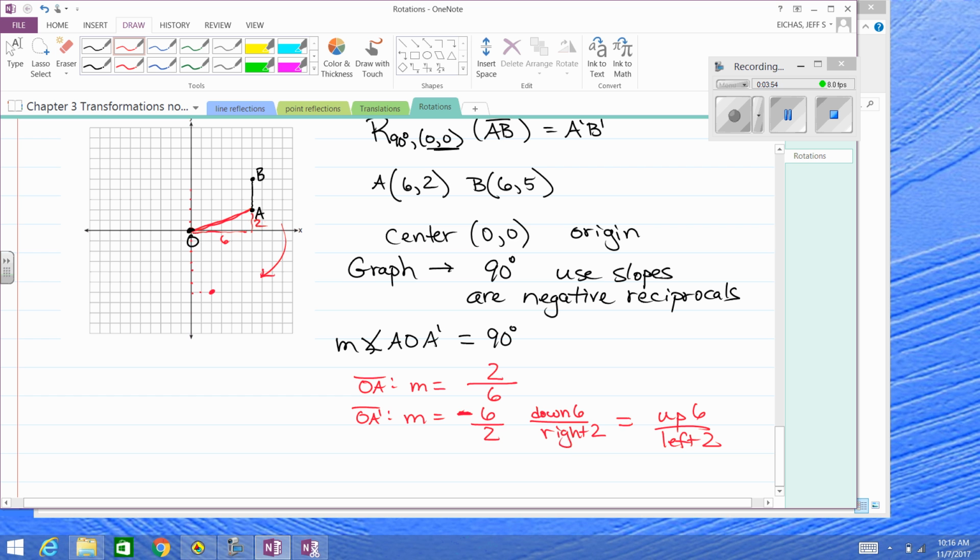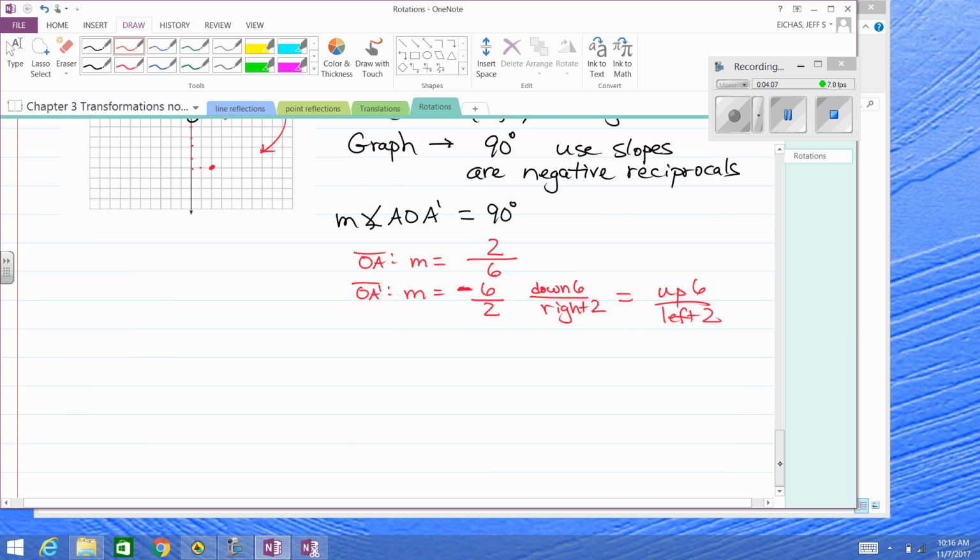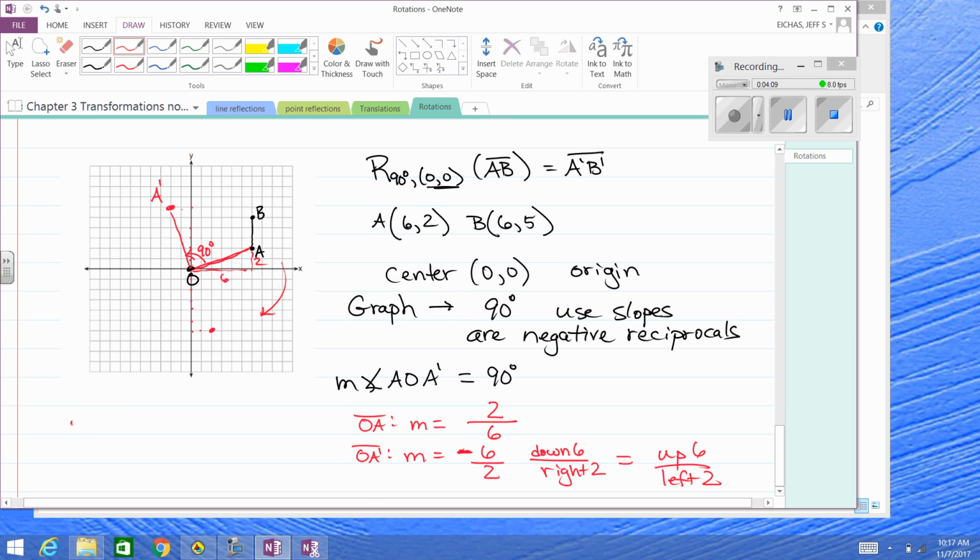Up 6, left 2. If that's A prime, that's going to take me in the correct direction. That angle is going to be 90 degrees. That's its location. So now I know A prime's location is going to be at negative 2, 6.